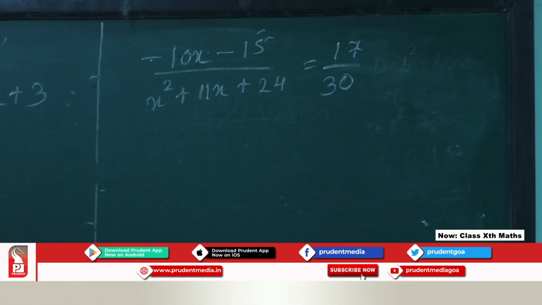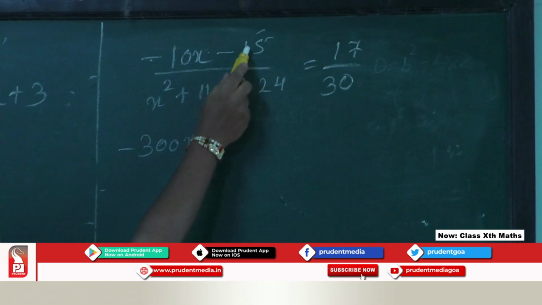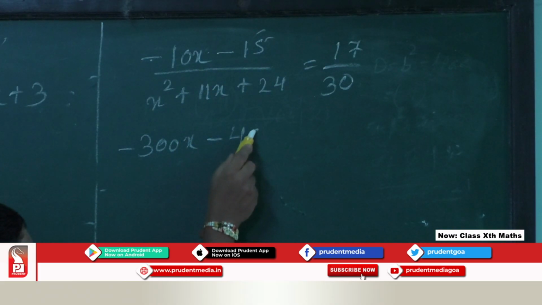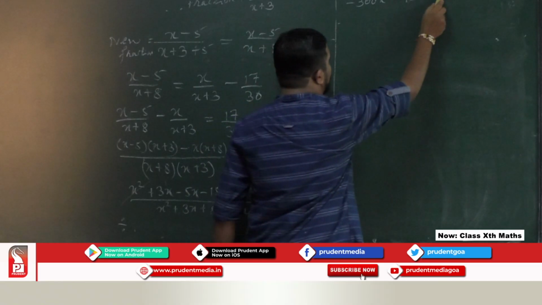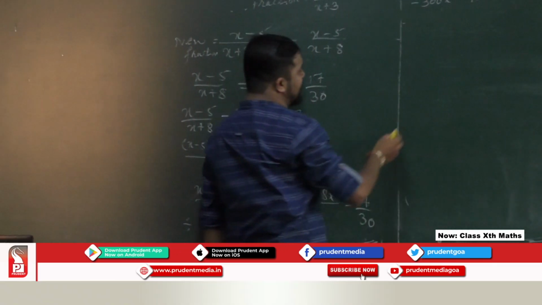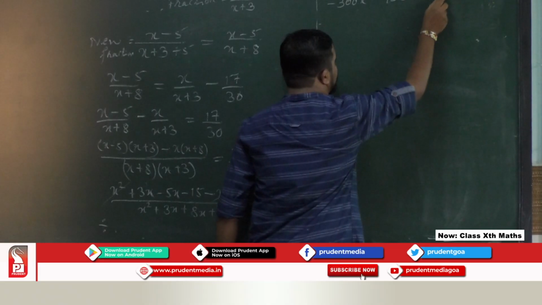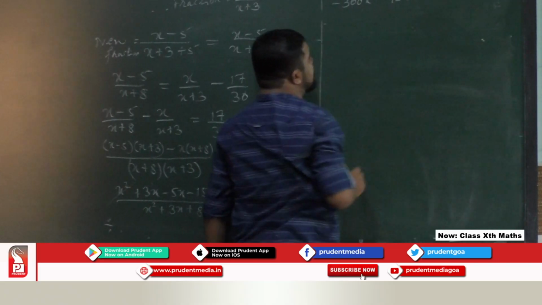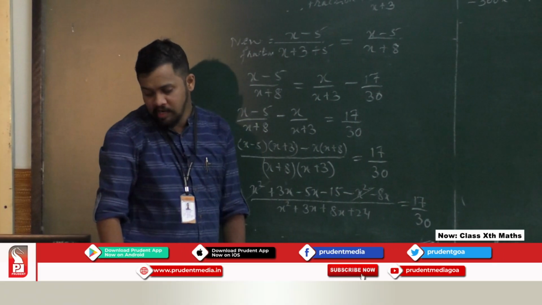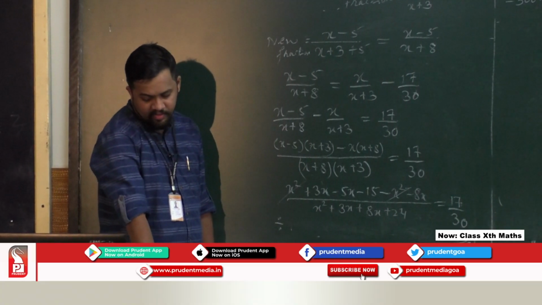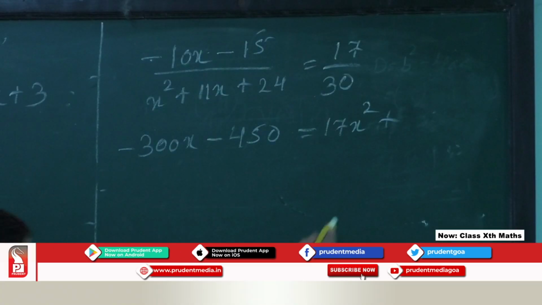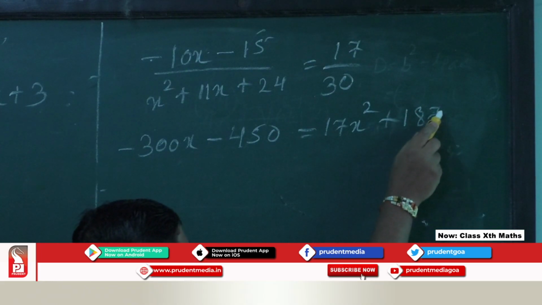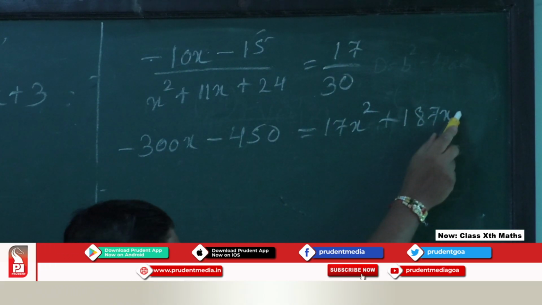So 30 into 10, that gives you minus 300x, minus 15 3s are 45, is 450, equal to, multiply here now, 17x square plus 17 multiplied by 11. So 17 multiplied by 11 gives you 187x and 17 into 24 will give you 408.